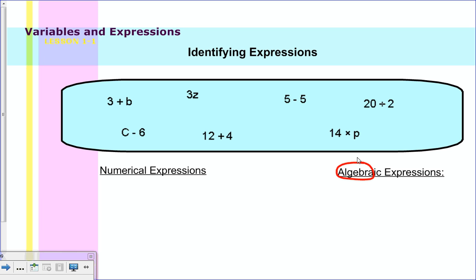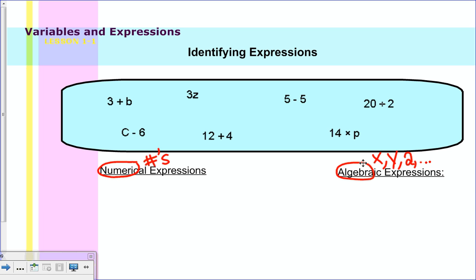Now, numerical, if you take a look, it has that numeral again. That means just numbers. So when they're asking you to tell the difference between numerical expressions and algebraic, if you have just numbers, it's numerical. If you have even one variable, like that X, Y, A, and so on, that makes it algebraic.